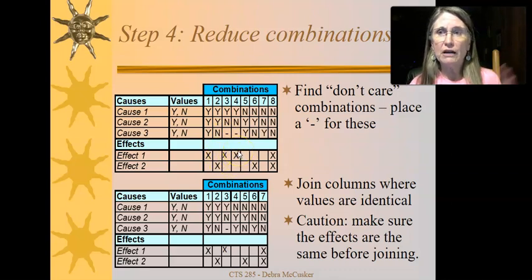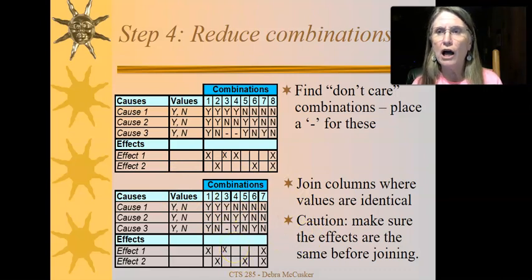So we can do a thing called collapsing the column so that columns 3 and 4 become one single column with Y for cause 1, N for cause 2, and a don't care for cause 3, leading to effect 1.